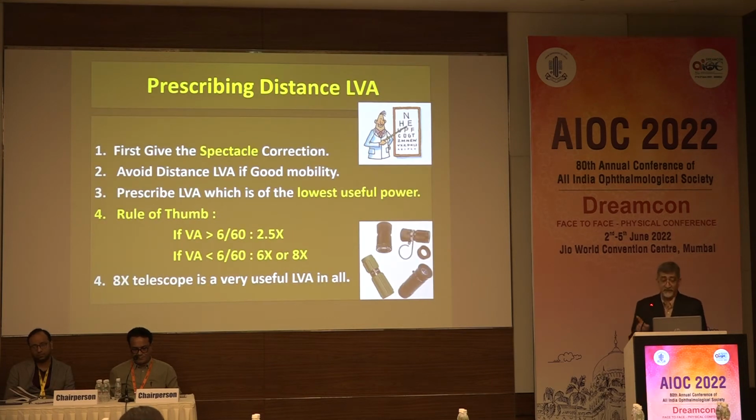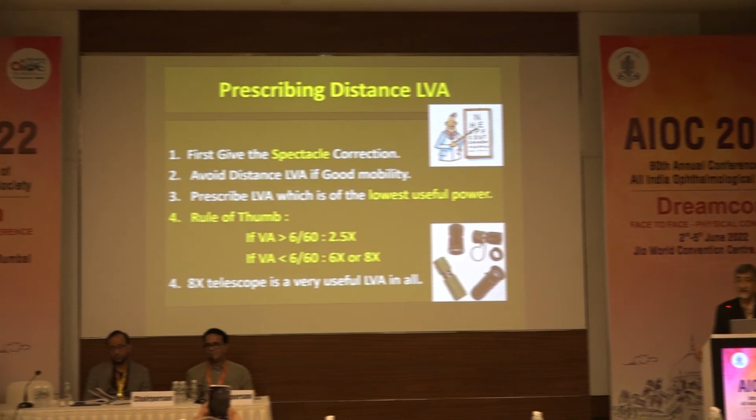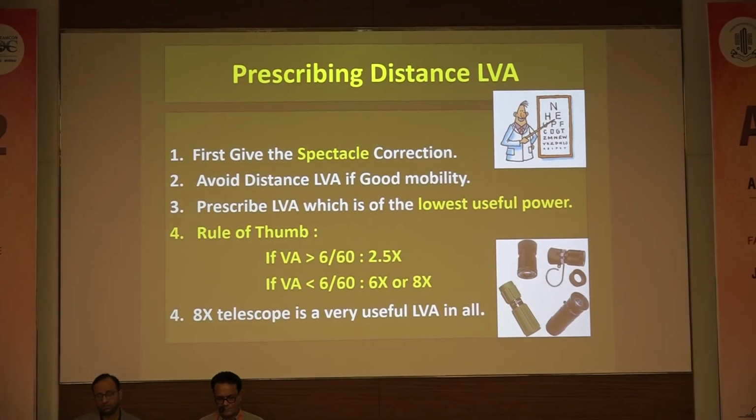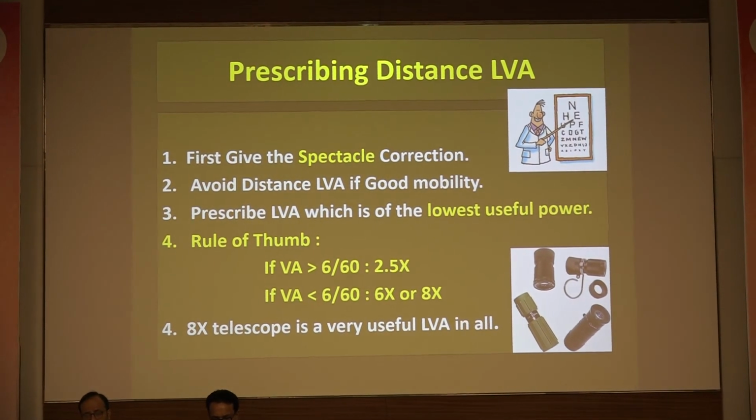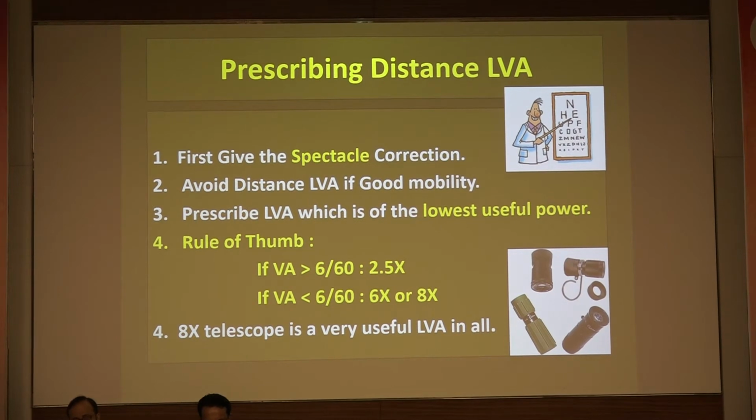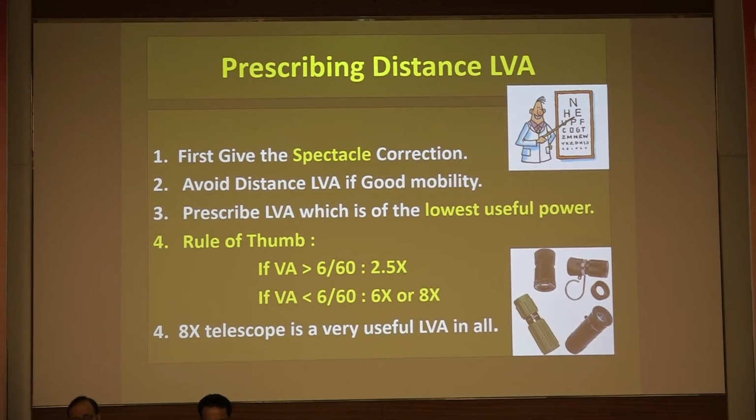Then here are the steps to prescribing distant low vision devices. The first and foremost thing is to give a proper spectacle correction, as Vivek has already mentioned. No, Dr. Ali mentioned that if you give spectacle correction to a patient, then it increases the sharpness of the retinal image and maybe improves his visual acuity by 1 or 2 lines. So that is very important.